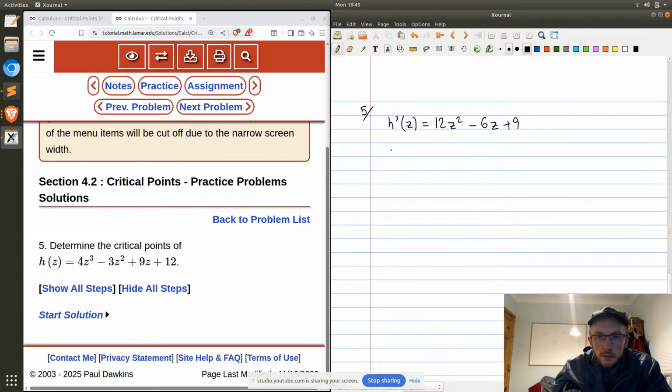And then finding the zeros of this, we factor out 3. Four z squared minus 2z plus 3 is equal to 0.